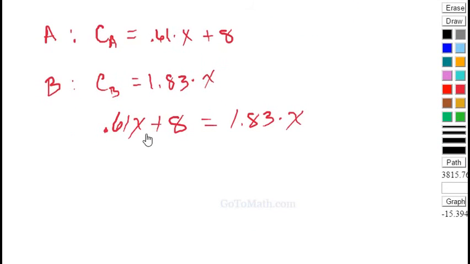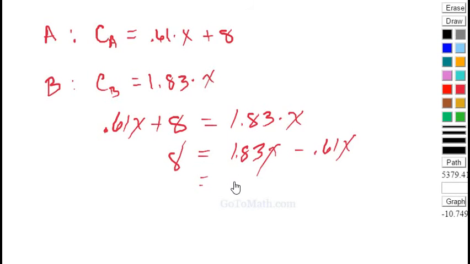Okay, so here we go. We've got our equations set up and we now want to solve for x. The way this works is that this coefficient is smaller than this one, so we're going to take this over to the right. 1.83x minus 0.61x is equal to 8, and then do the math.